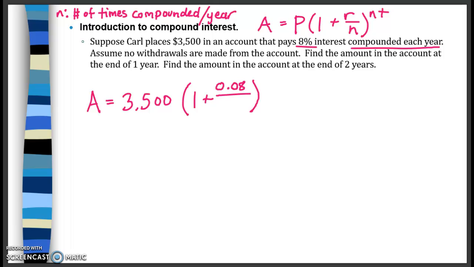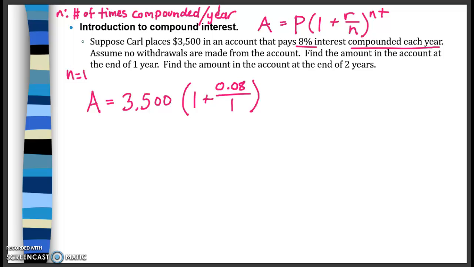So the number per 1 year. I'm going to add that there. This says it's compounded each year. So each year it is compounded once. So N equals 1 in this case. If it's compounded quarterly, then that's 4 times per year, so N is 4.